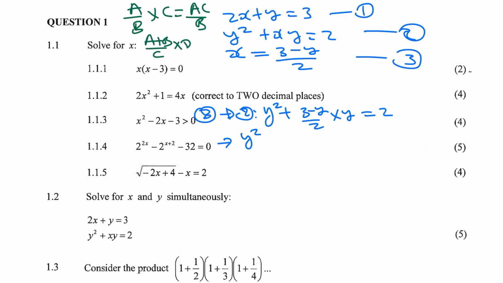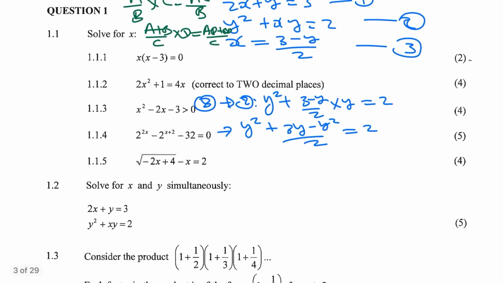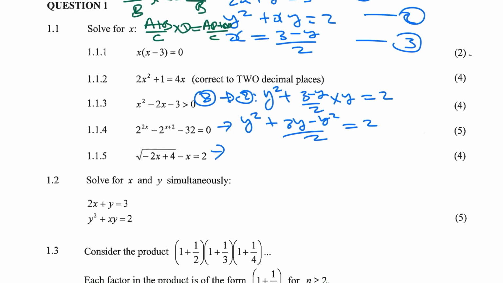Even if you have a plus b over c times d, this is just ad plus bd over c. So this is equal to 3y minus y squared over 2 is equal to 2. And we can just times by 2 all throughout, so you can remove this 2 here.